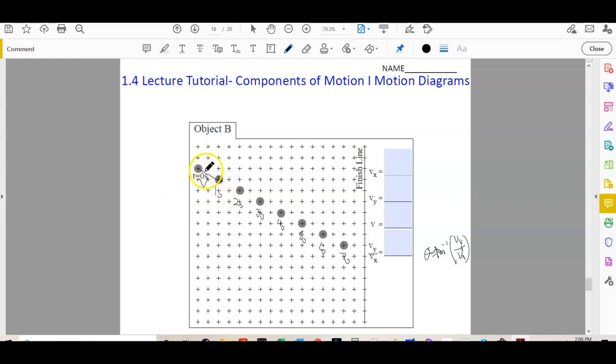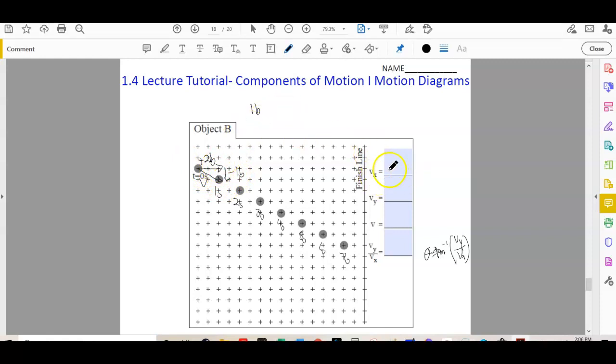I can't measure that, but if each block is 1 block, and it's going from 0 to 1 seconds, it moved 2 blocks in that first second. And then in the Y direction, it moved down 1 block, so it had negative 1 block of motion in that first second.